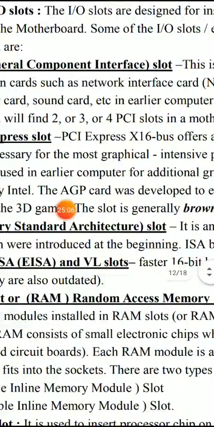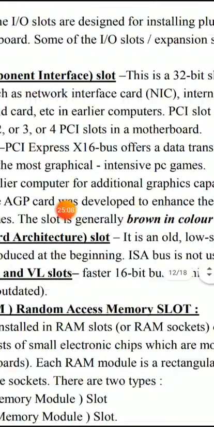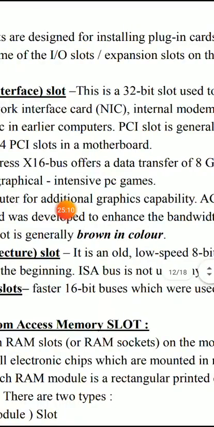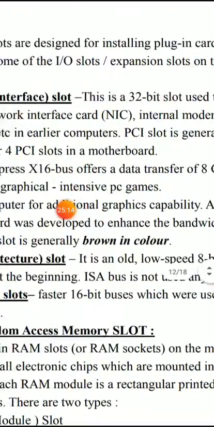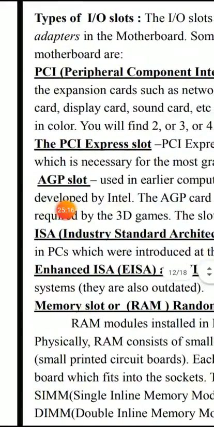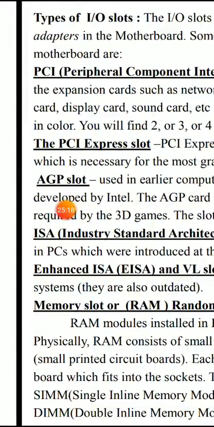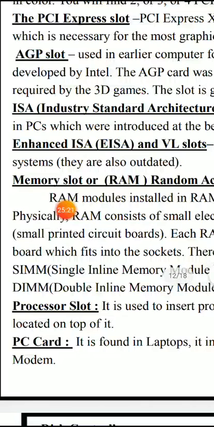So this is a 16-bit faster slot or bus or card which was used in early-day systems. Nowadays they are outdated. Next one is called memory slot. A suitable amount of memory is required by every computer system, because in order to install various softwares and to run them, a suitable amount of random access memory is required.